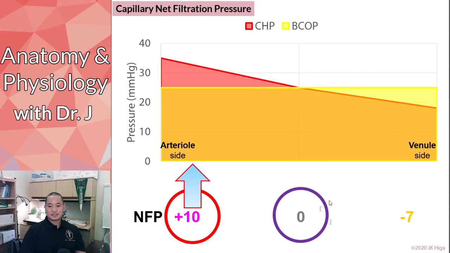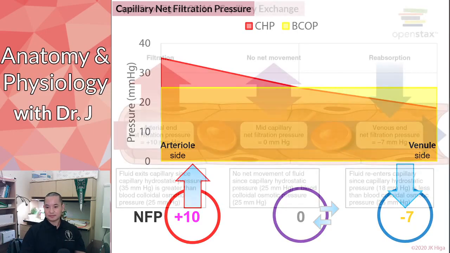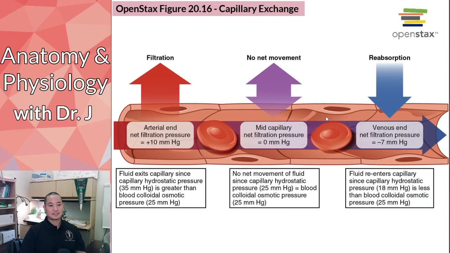Whereas if they're balanced, you still have movement, but overall the volume of fluid stays relatively the same when CHP equals BCOP. And on the venous side, with a negative net filtration pressure, we're going to bring water back into the vessel. This is basically me breaking down this image from your OpenStax textbook. That's why I like using that Martini version, because it has different parts. It's a little overwhelming at first, but if you break it into many parts, it's actually more accessible.